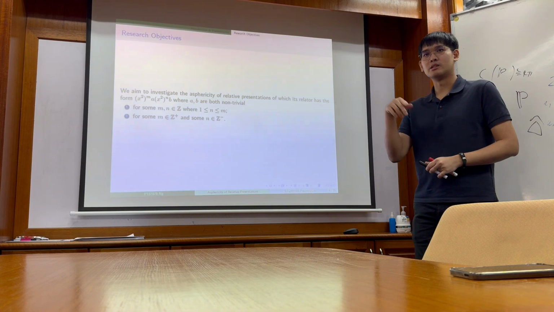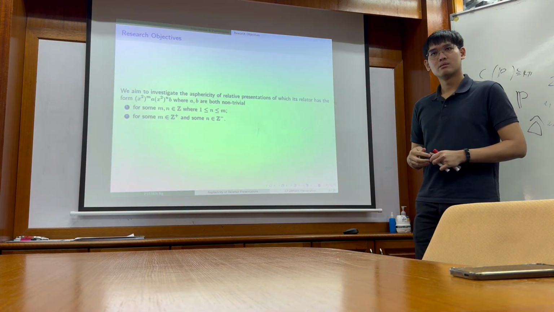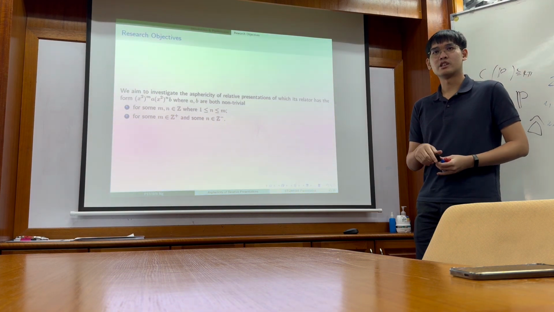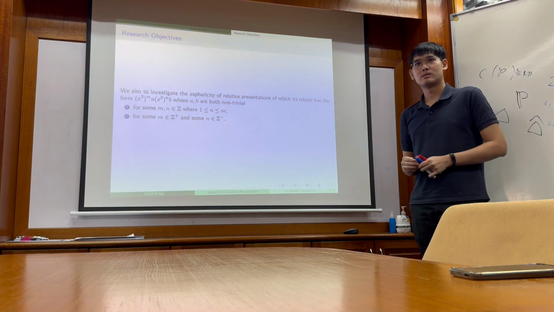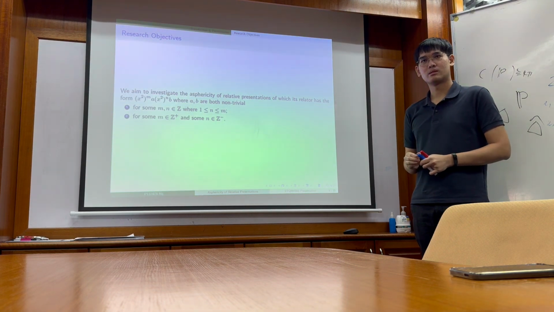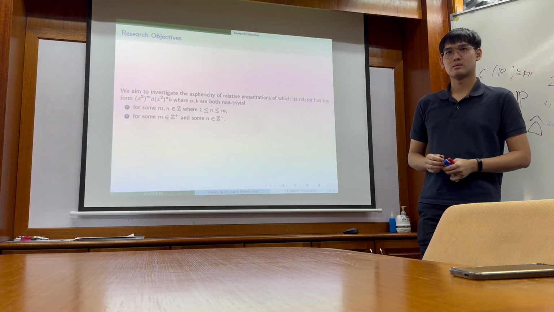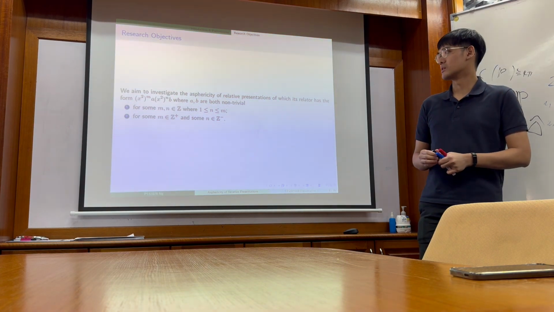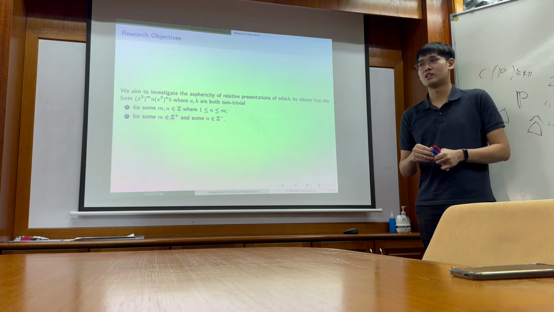I think it's just a matter of wording. Okay, I will change the wording to be more appropriate. Because when you put 'for some' at the last 2 lines, it raises the question of why those are your M and N, whereas the M and N are fixed from the top.